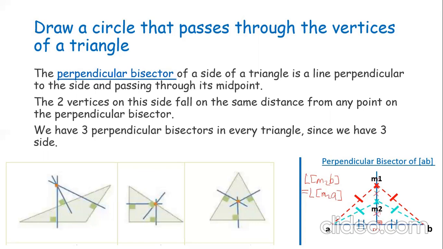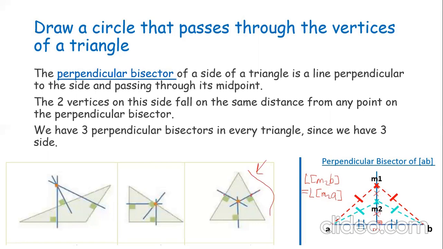Similarly, if I choose another point here or here, I will get the same thing. For example, here I chose the point M1, so the length of M1A will be equal to the length of M1B. Now let's take this triangle, for example. In this triangle, we notice that we have 3 acute angles. If we take each side of the triangle and repeat the previous trick, so that I measure the length of this side, then I choose a point here in the middle and I draw a vertical line.